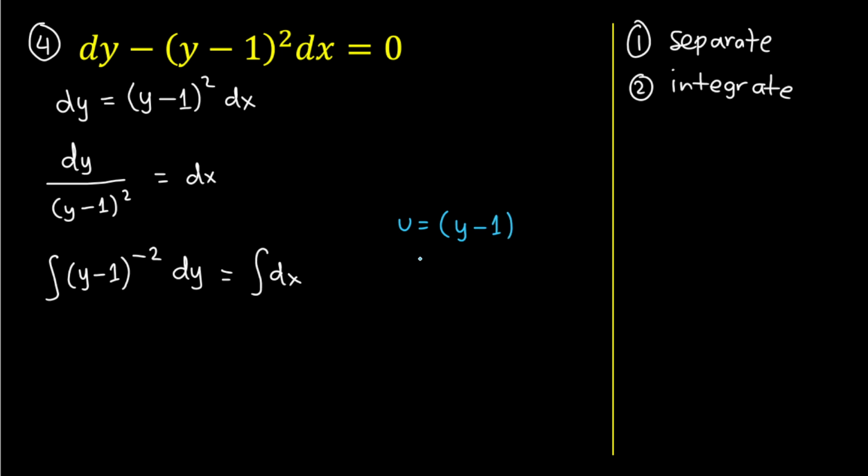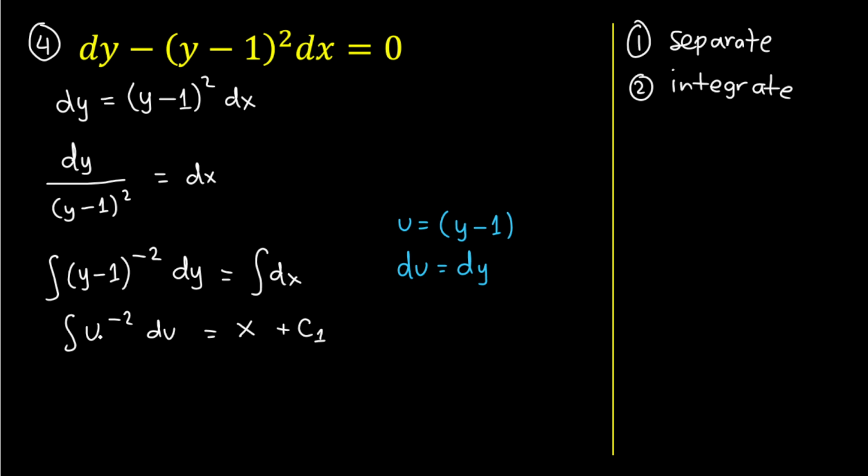So we will have du is equal to dy, right? So this integral changes to integral u to the minus 2 du, right? Because dy and du are the same. And then this one will be x plus some constant, c1.